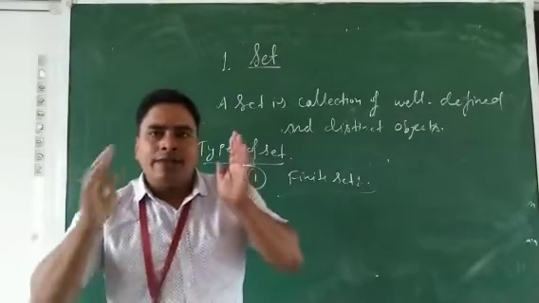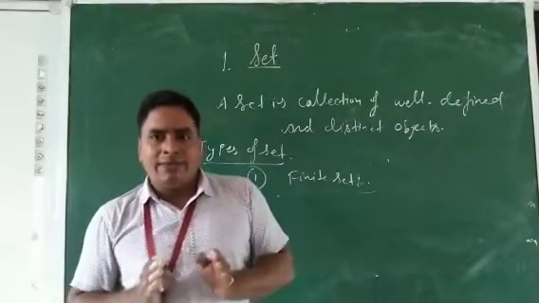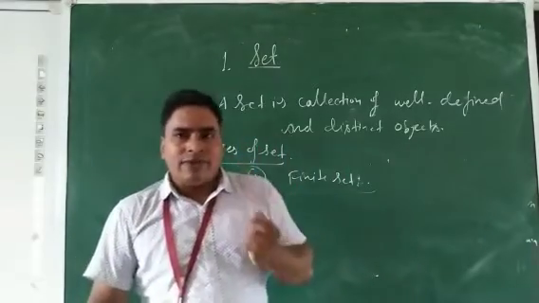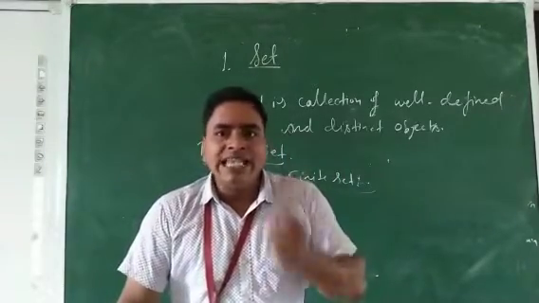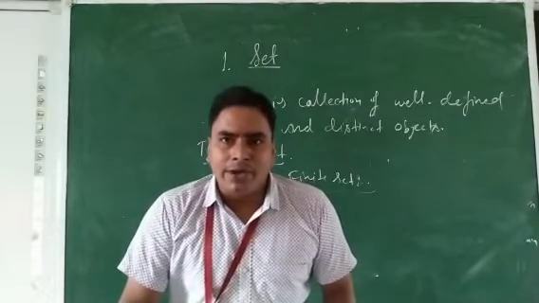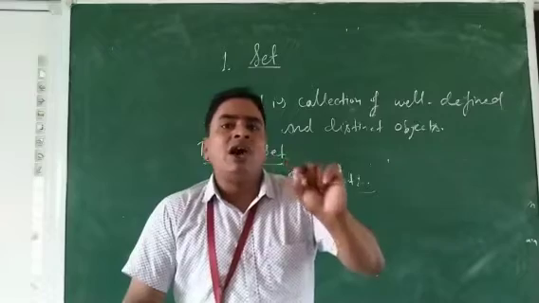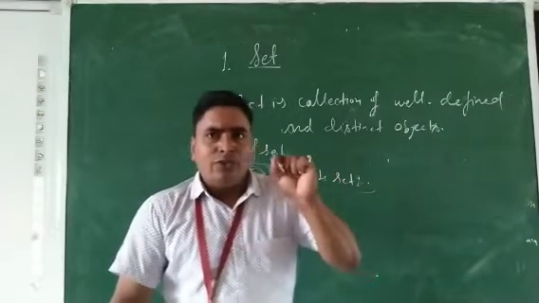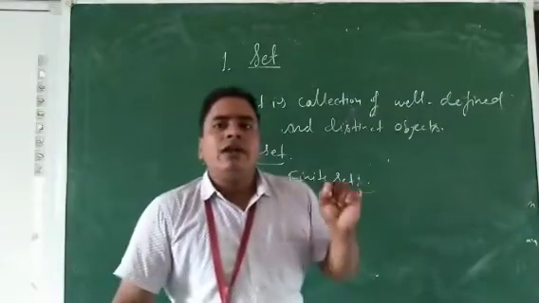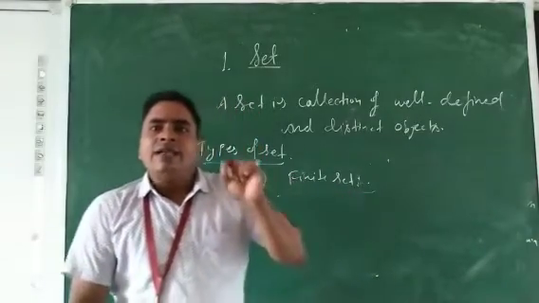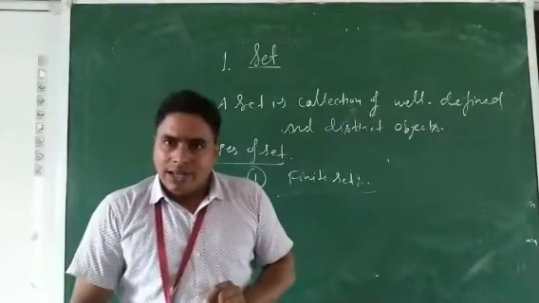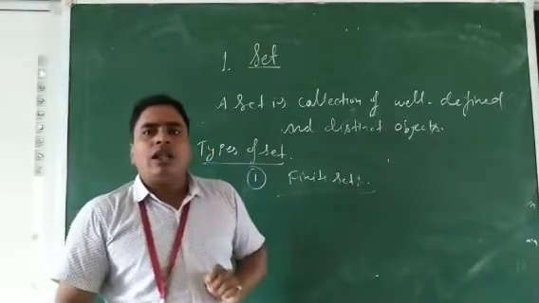Finite means fixed, limited elements. It means a set which consists of a finite number of elements, elements that can be counted. We can easily count the number of elements, or easily find their cardinal number. So that type of set is called a finite set.